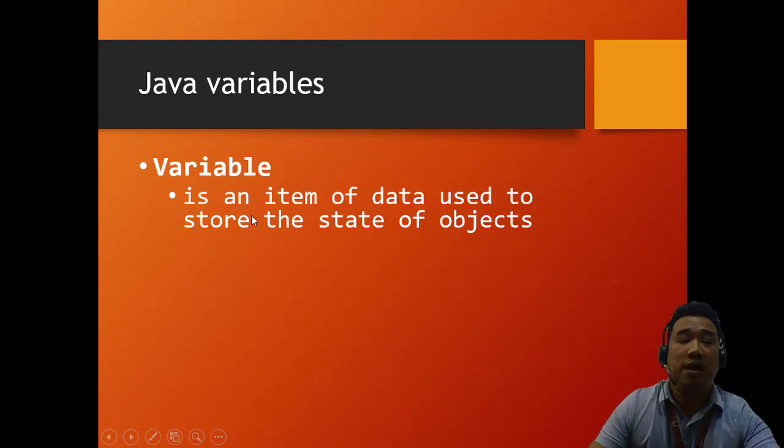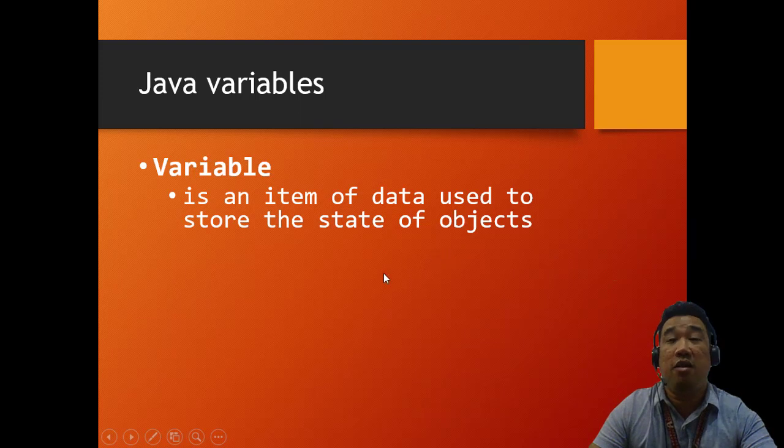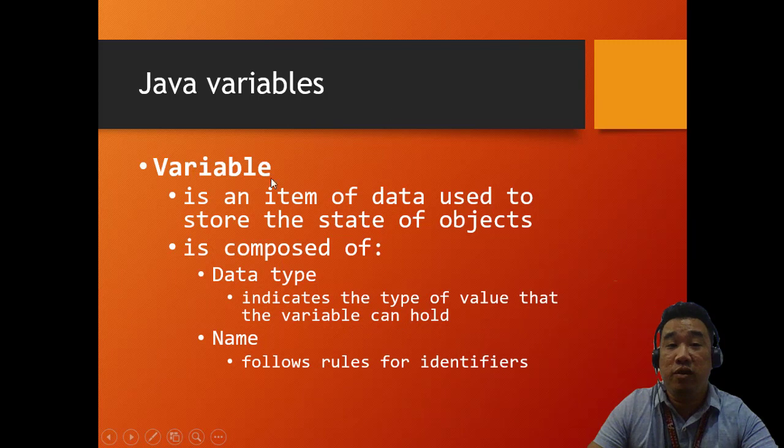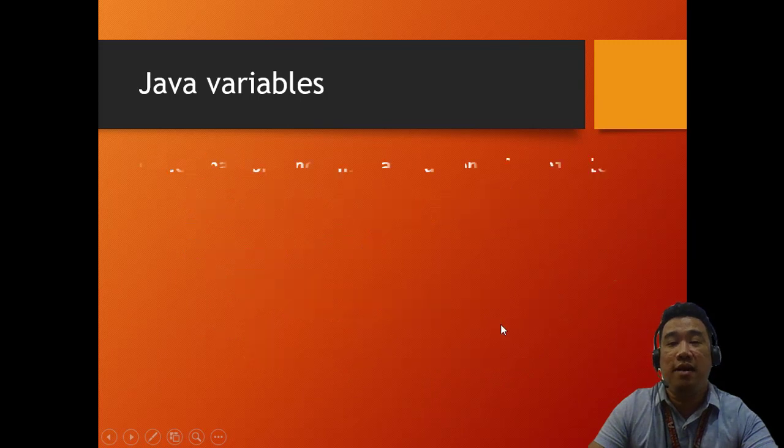So, okay. Now, Java variables. A variable is an item of data used to store the state of an object. So it's composed of a data type and the name. The data type indicates the type of the value that a variable can hold. We already explained that in the previous slides. So we have the name, which follows the rules for identifiers.